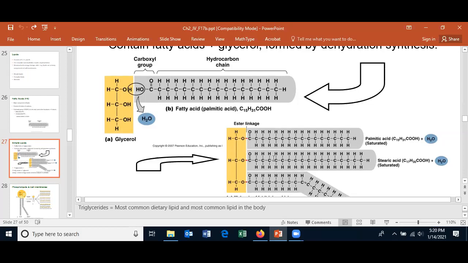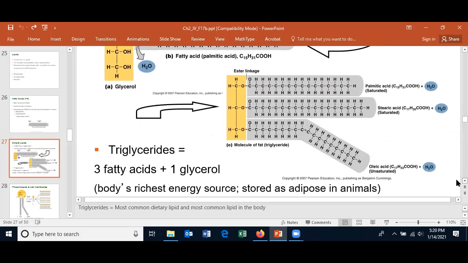Any questions about that? You can get three fatty acids binding to glycerol, one position here, one there, and one there, and this is the most common fat you can find in our diet and in our bodies, and this is called simply a fat when it has three fatty acids bound to a glycerol.